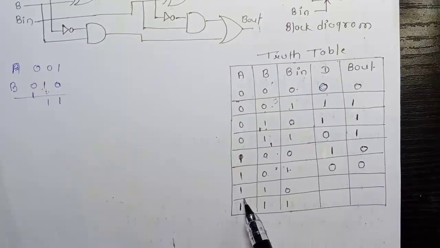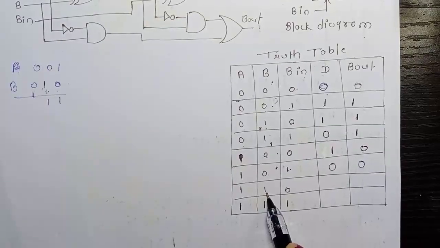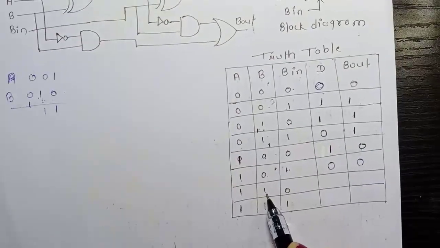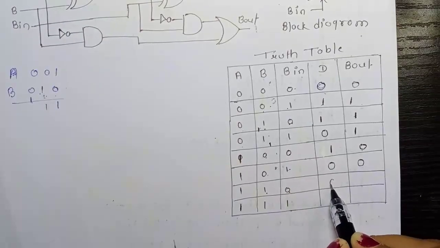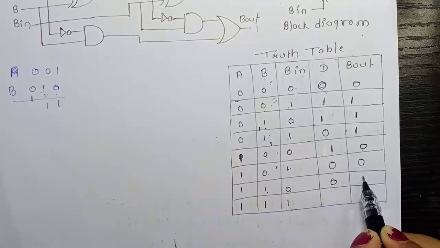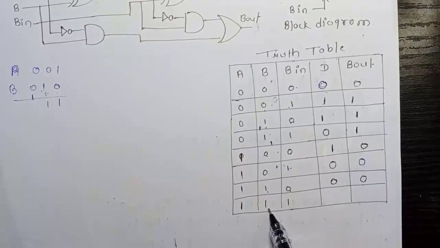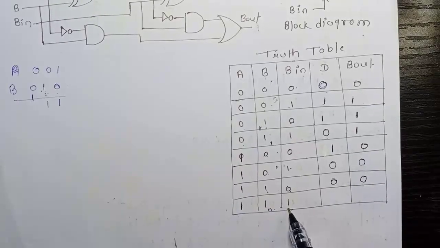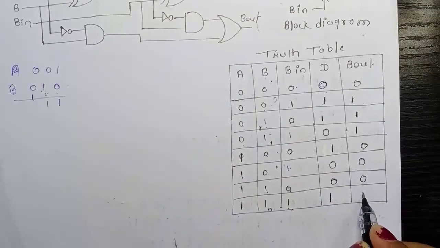Now here 1, 1, 0. 1 minus 1, it means you are having difference 0, and this 0 minus 0, it means your difference is 0 and borrow is 0. And the last case 1 minus 1 is 0. So here your difference is 0 and this 0 minus 1, it means that now you are getting difference 1 with borrow 1.